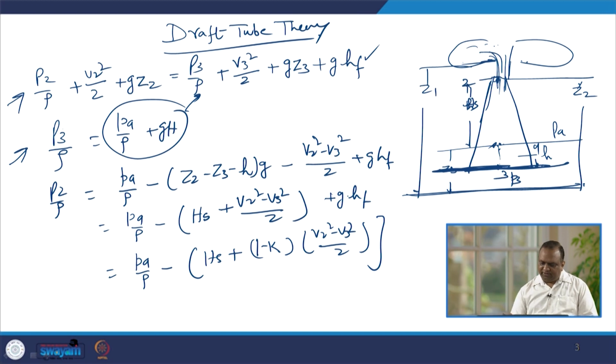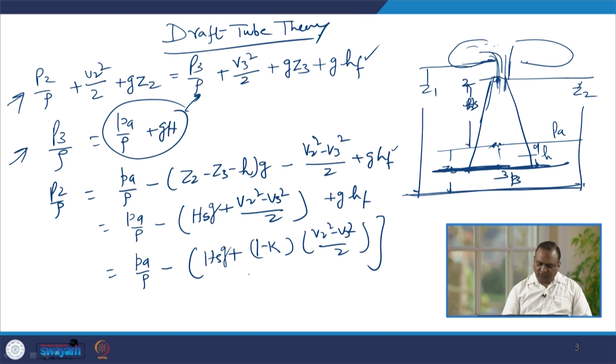Hf also we have taken as the change in the kinetic energy multiplied by K, because the friction losses in any flow in a pipe or any passage are taken as some constant times the change in the kinetic energy, or total kinetic energy. It is normally a diverging section, so the change in kinetic energy multiplied by K can comfortably be taken as head loss due to friction.